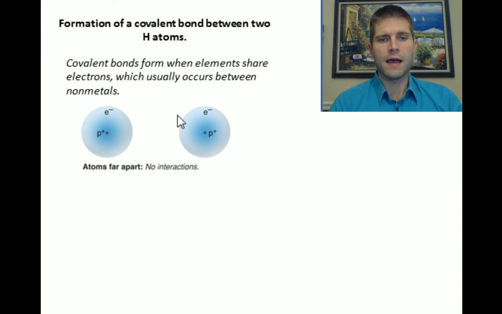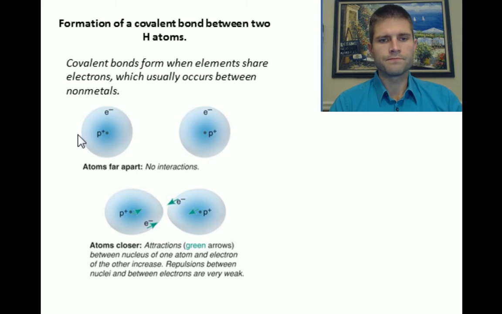So let's see what happens when these things move closer together. As they move closer together, the proton of one H atom sees the electron of the other H atom and actually starts drawing it towards it. Up at the top, this is when they're far apart. You can see that they're spherical in nature, but as they get closer and closer, they start getting deformed and looking more like an egg shape, an ellipsoid.